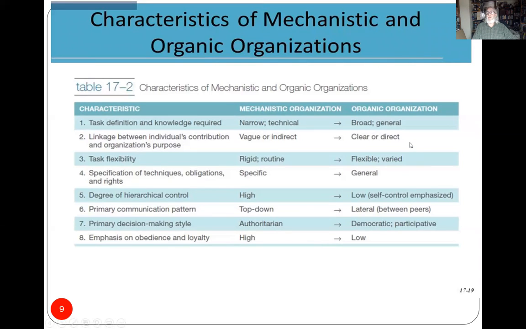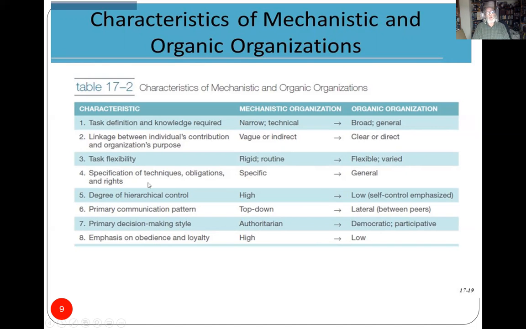In organic organizations, often it's very clear what you're getting back from how hard you're working, and there are other things that you're gaining through teamwork and social contact that you're not necessarily getting over here. The flexibility of the work you do: very rigid here, routine, predictable, the same all the time. Over here, unpredictable, flexible, varied.